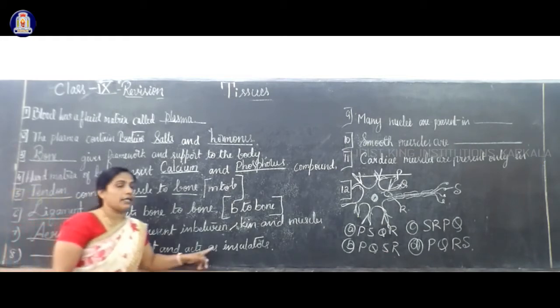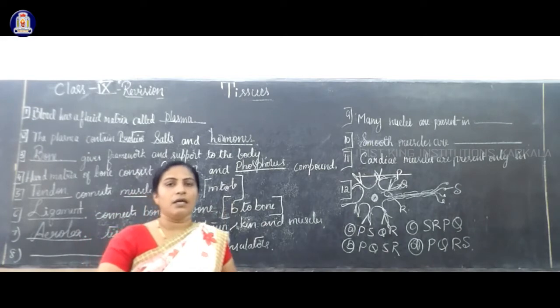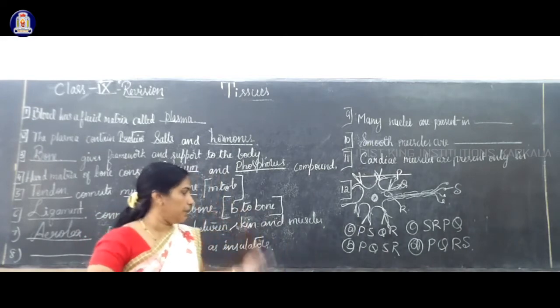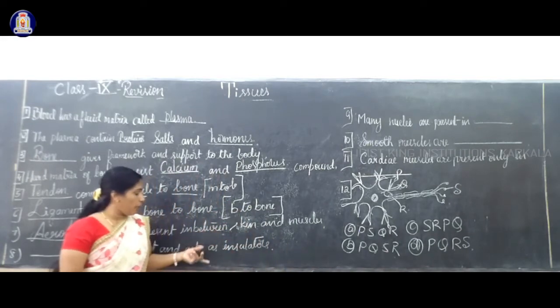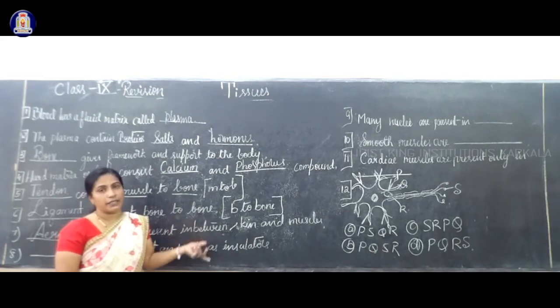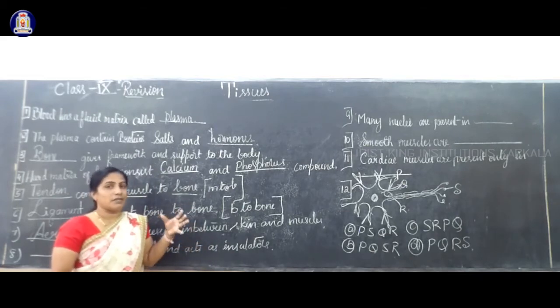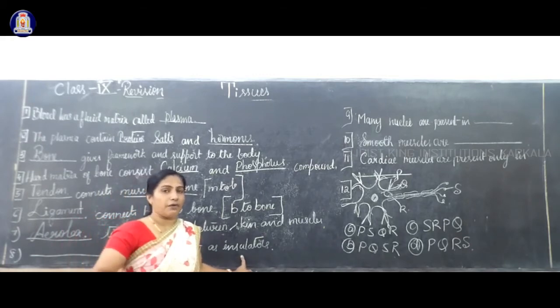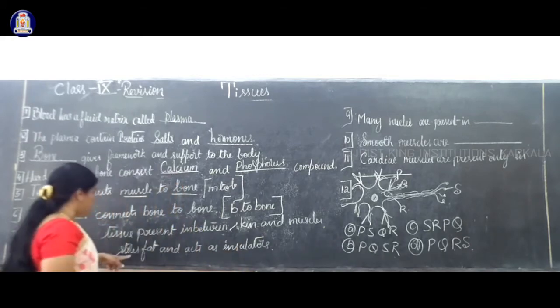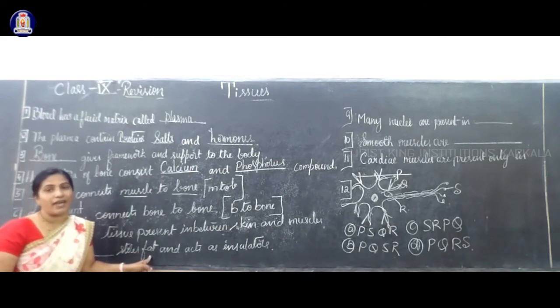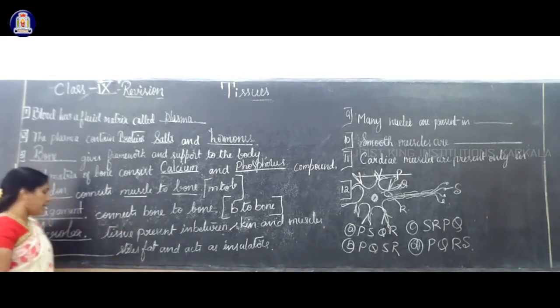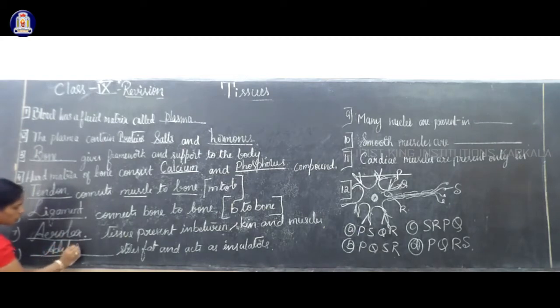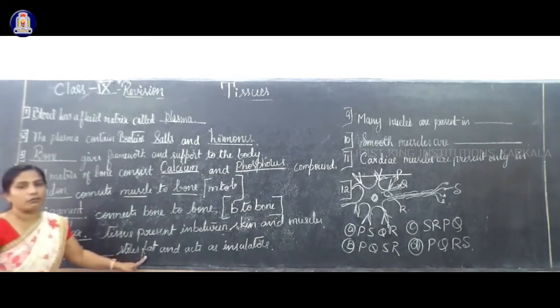Dash stores fat and acts as an insulator when we are fasting or sick, so our body is fit to fight against disease, or it gives warmth to our body. So without food also sometimes we can survive for a few days. The reason is that in our body there is a tissue that stores fat. It stores fat, that is called adipose. Adipose stores fat. So this is one more fill in the blanks.